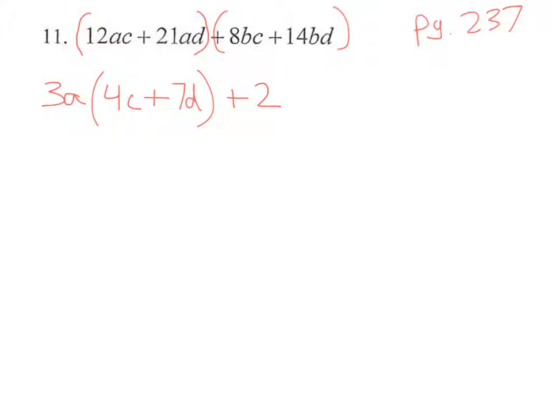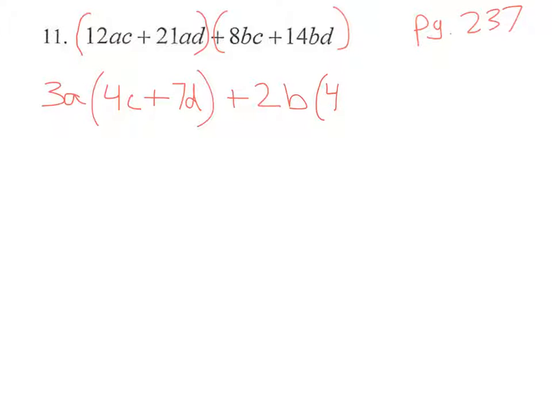Okay, so again, I took the 8 and the 14, have a GCF of 2, so I took that out. And then there's a B in both of them, so I need to factor the B out as well. So 2B, and now when I do my parentheses here, I'm left with 2 times 4 is 8.